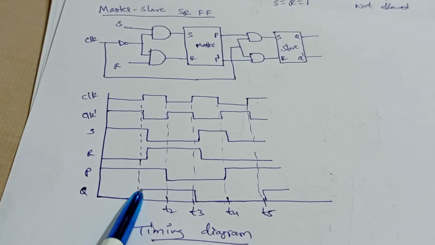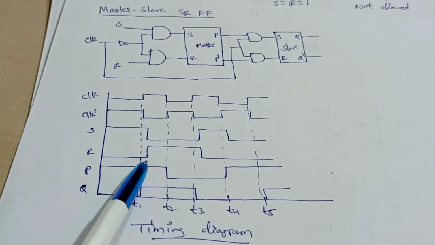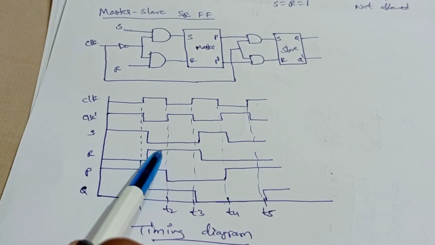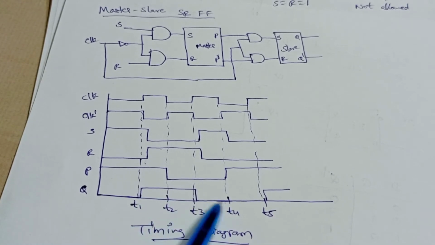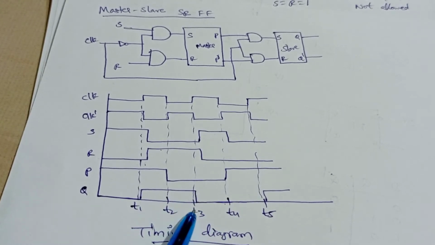Then R is equal to 1 and Q changes to 0 at t3.